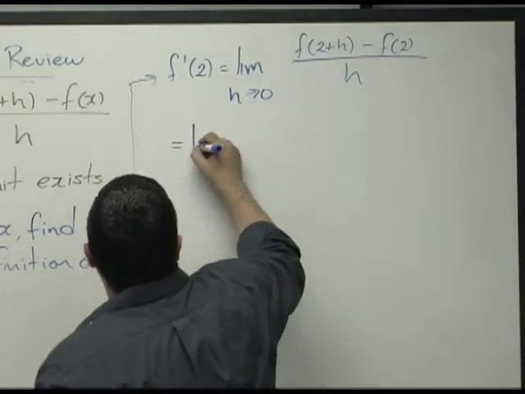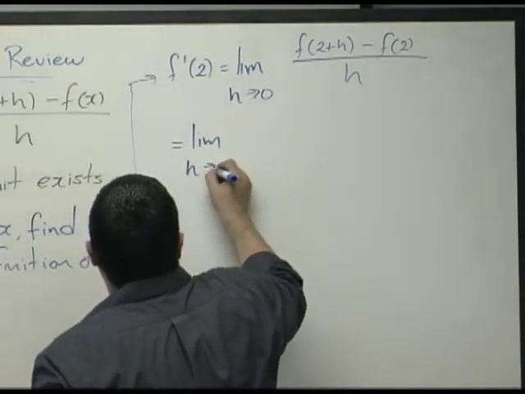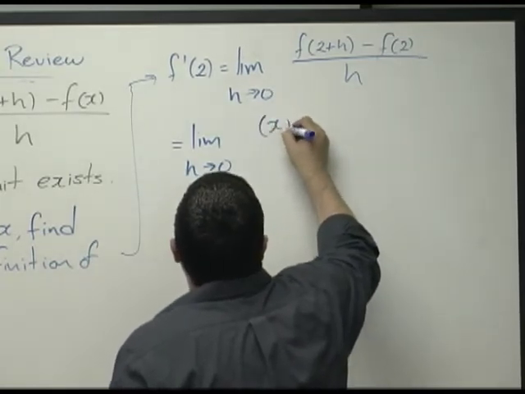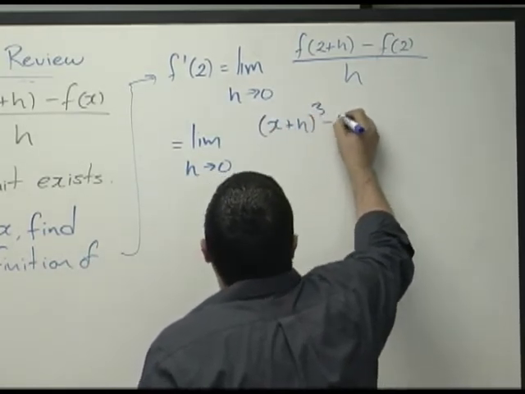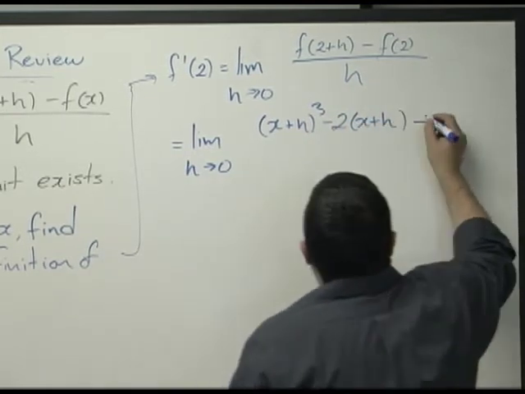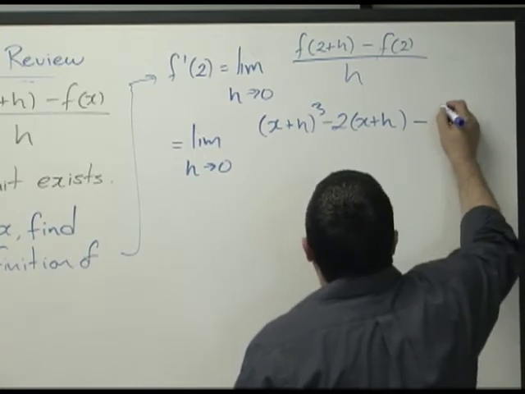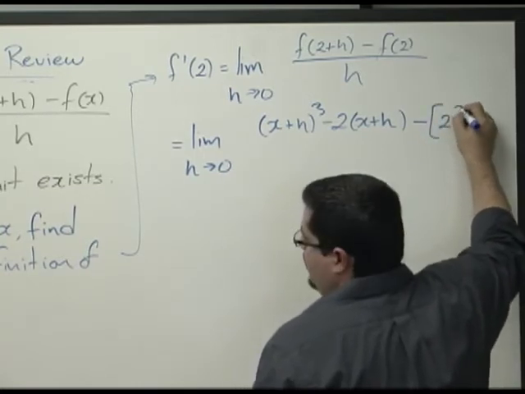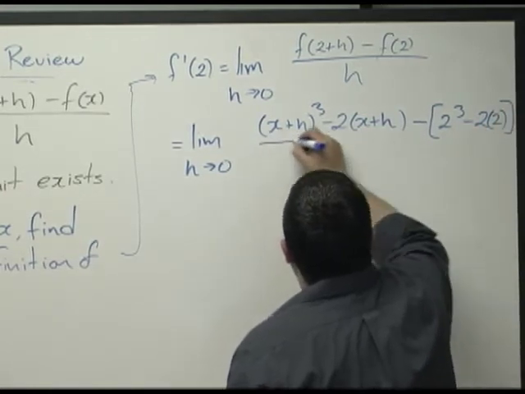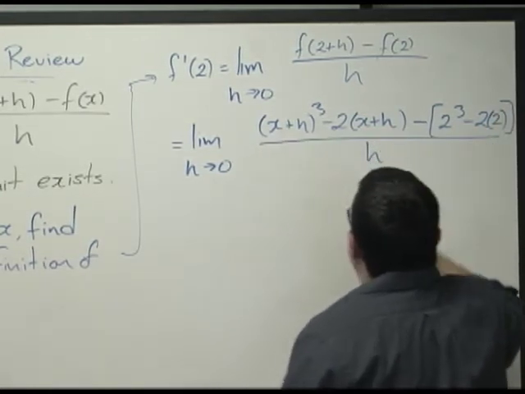So you're looking at the limit as h goes to 0 of x plus h quantity cubed minus 2 times x plus h minus f of 2. F of 2 being, of course, 2 cubed minus 2 times 2 all over h.